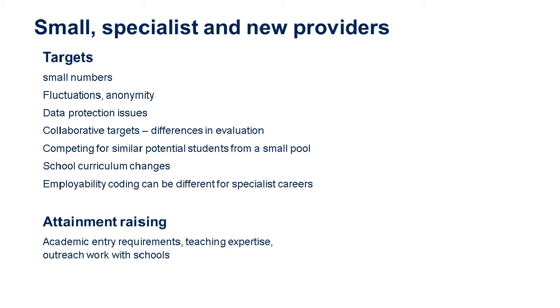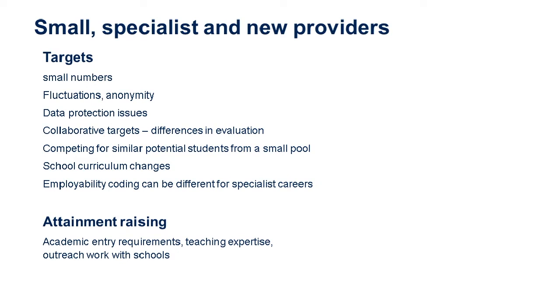Okay, so with regards to targets, small numbers can prove a difficulty when it comes to setting targets due to fluctuations and actually presenting data due to anonymity issues.